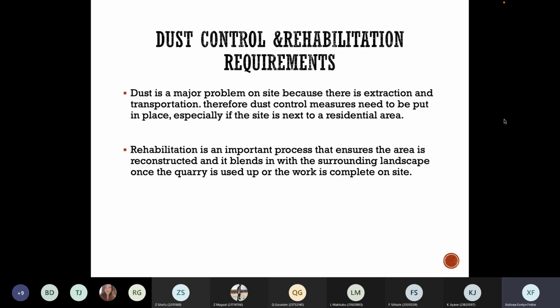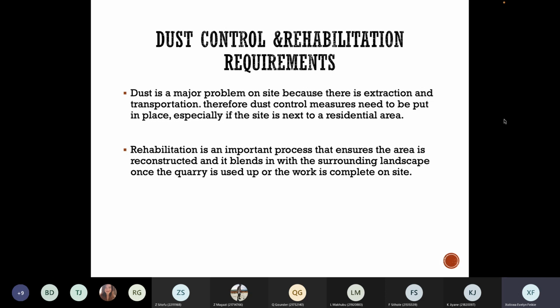In terms of rehabilitation, they say rehabilitation is an important process that ensures the area is reconstructed and it blends in with the surrounding landscape once the quarry is used up or the work is complete on site. So there are regulations and rules governing quarries, their development, and how the place must be once everything is completed.